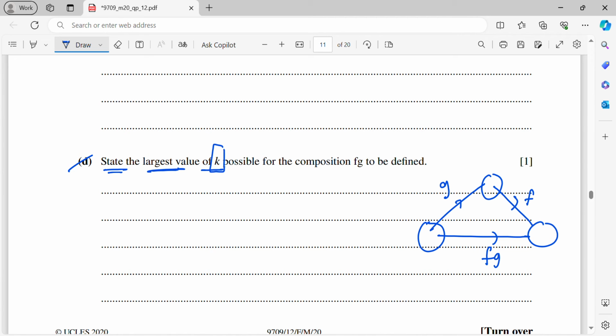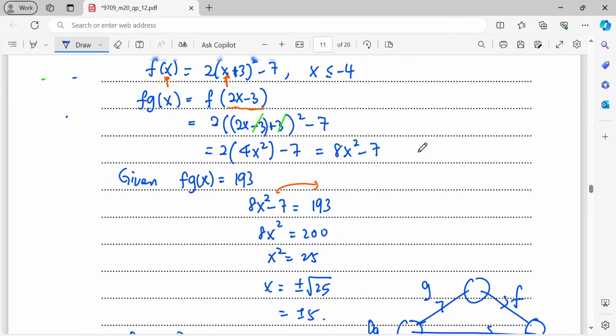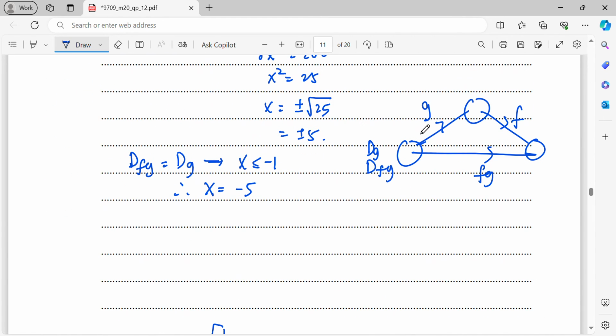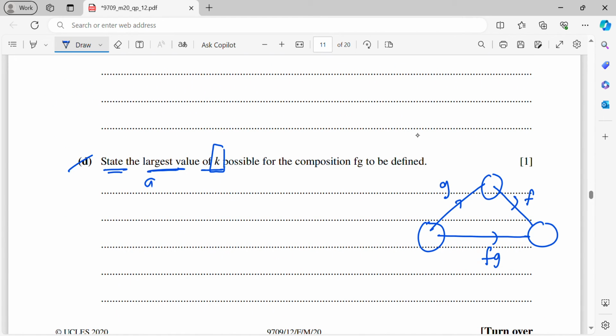So the k basically gets it from here, g(x), x less equals to k, right, g(x) equals to 2x minus 3, x less equals to k. Now this is basically the domain g. Okay, and again this is domain g, at the same time domain fg.